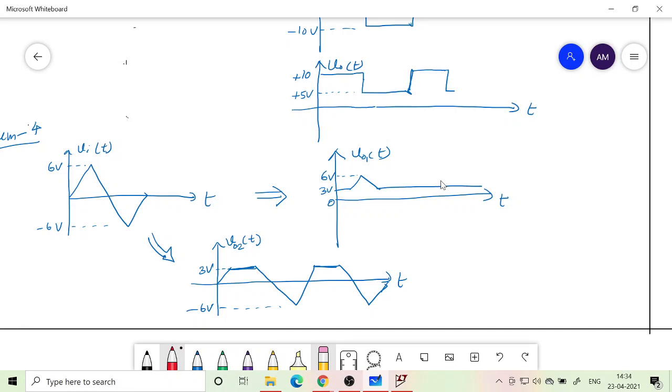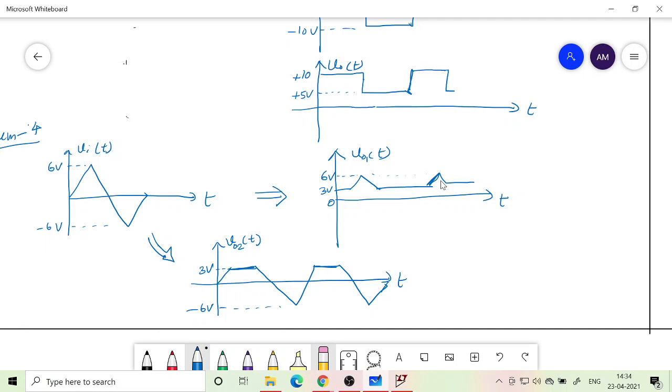If I am plotting it for 2 cycles, I should draw it more properly. During the second half cycle also there will be a peak like this. So this is 6 and this is 3 again.